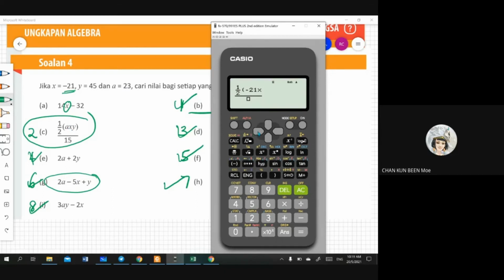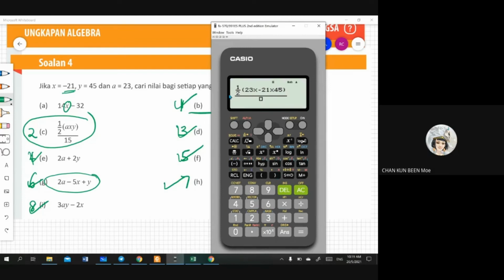So I'm going to move my cursor back to the front. But they are the same actually, yeah? So 23 times negative 21. And then you move your arrow back again to the last one here, to insert the value of Y. What is the value of Y? 45. Okay, multiply 45 and you close your bracket.